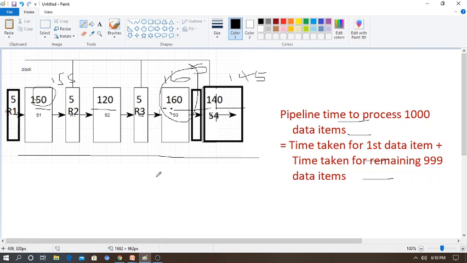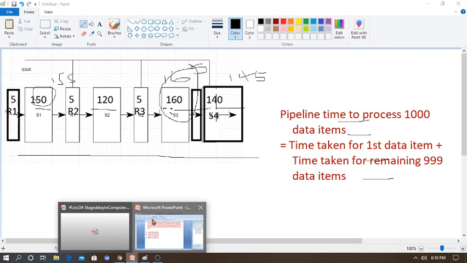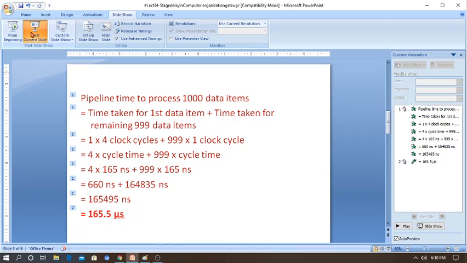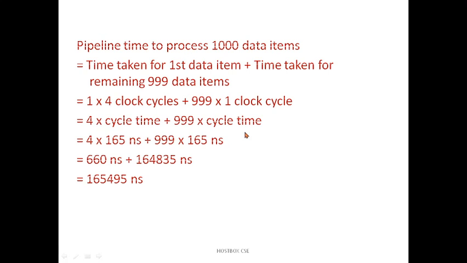Let's go back to the PPT, where we have the formula and the solution. It is easy and simple, so don't panic when you get these diagrams. Just understand the problem and catch what the registers are and what nanoseconds are given. Now applying the formula: 1 into 4 clock cycles plus 999 into 1 clock cycle, for 1000 data items.